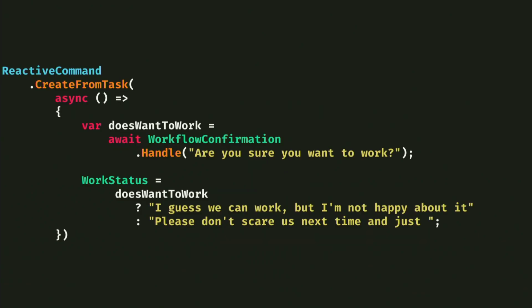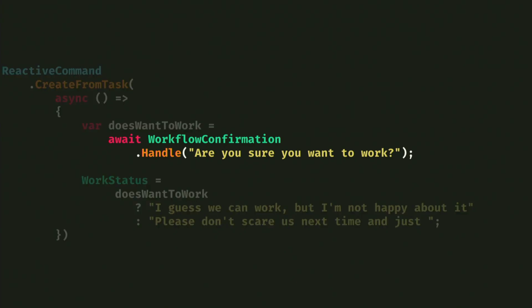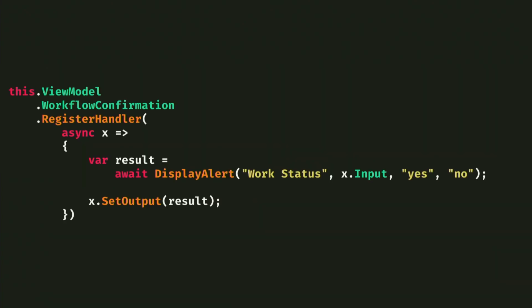And then inside of something like a command, like I said before, what we could do is take our interaction and make a call to the handle method. Since this interaction is looking for a string value in, we could send a message to it like, are you sure you want to do work? Then over in our user interface, somewhere in our page, what we could do is take our view model, listen for that interaction, and register a handler.